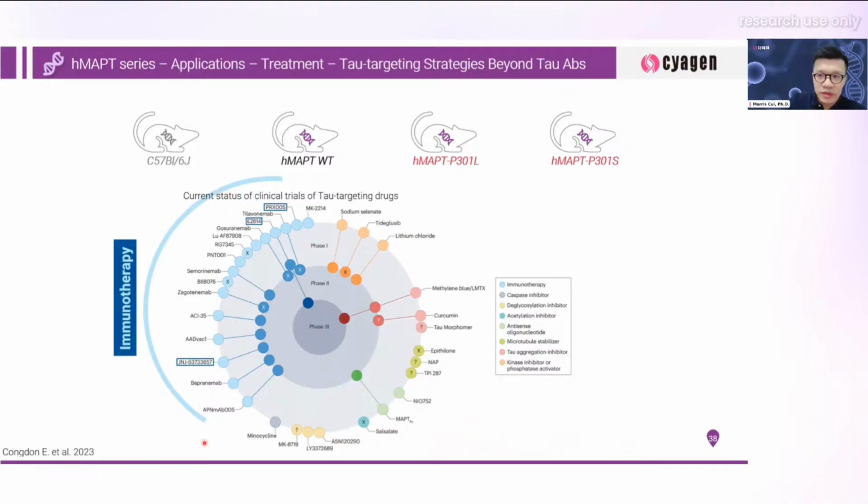Based on this, we generate an idea that we believe intercepting tau in any tau-related disease may not be a task that can be achieved by targeting only tau.